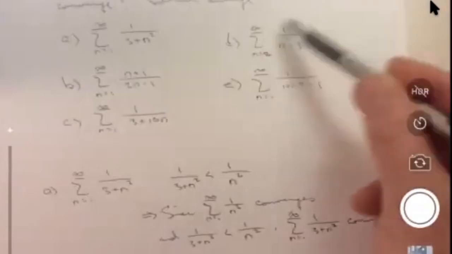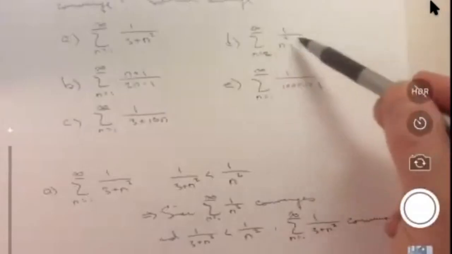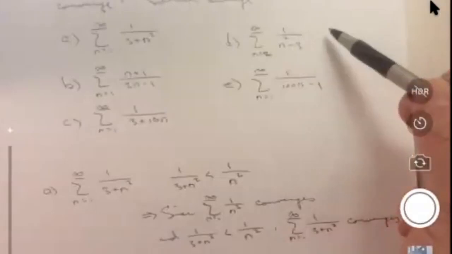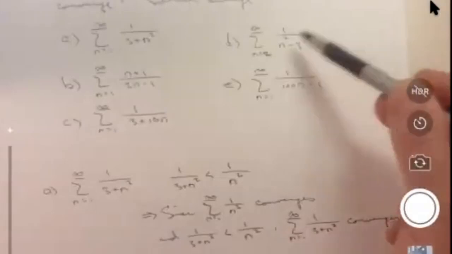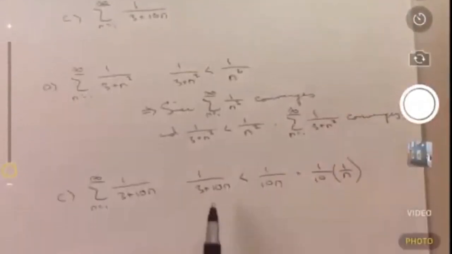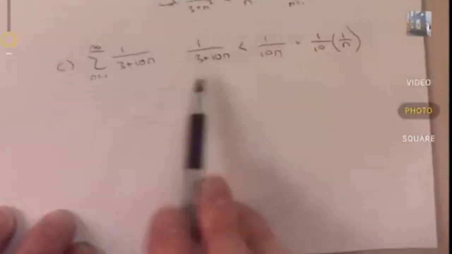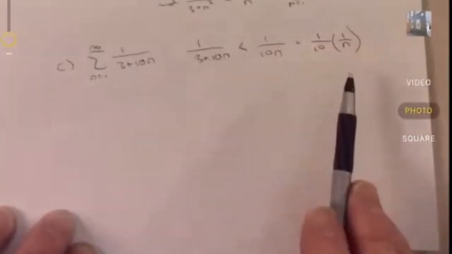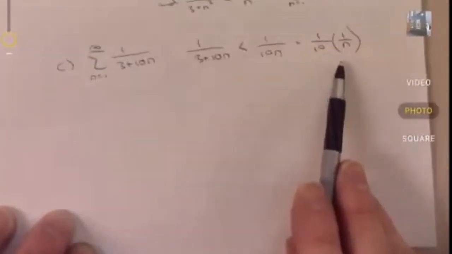The terms here are larger than the terms of a convergent series. They might be too large. We don't know. Here, we're looking at terms that are smaller than the terms of a divergent series.